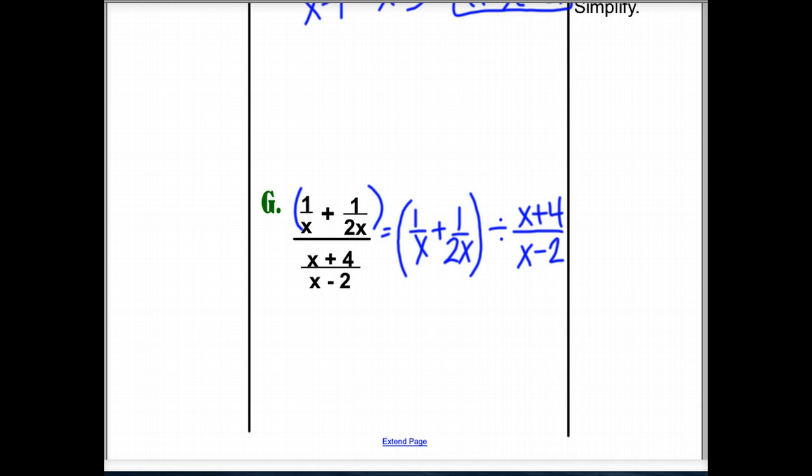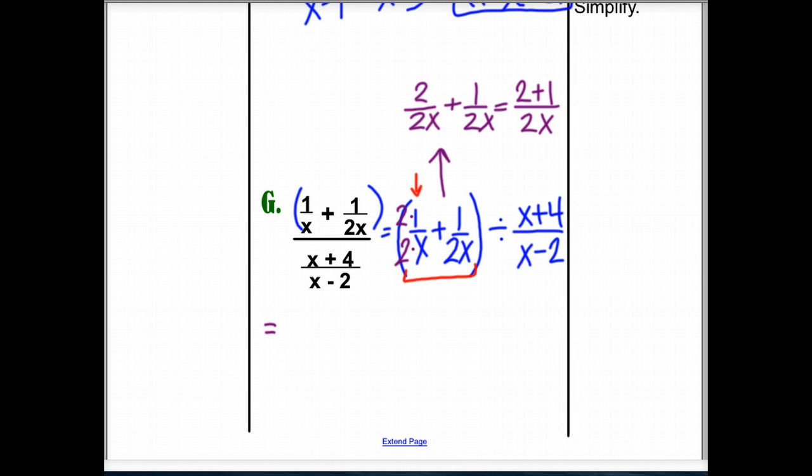The first thing I need to deal with is adding these up. What's missing from this fraction is a 2 in the bottom. So if I multiply by 2 here, I have to multiply by 2 up here, which means I've got 2 over 2x plus 1 over 2x, which means I have 2 plus 1 over 2x, which is 3 over 2x.